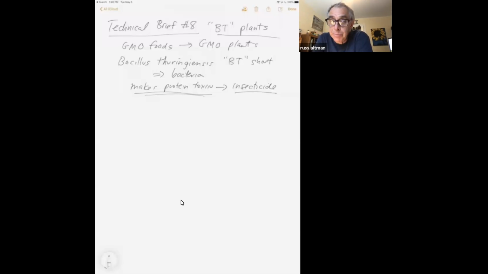If you think of the bacillus, which is a bacteria, as natural, the bacillus makes it in extremely high concentrations, so much so that it actually crystallizes inside the cell of the bacteria. So if you look at the bacteria, you'll see little crystals that are made out of pure BT toxin. By the way, that's what we're going to call it, BT toxin.